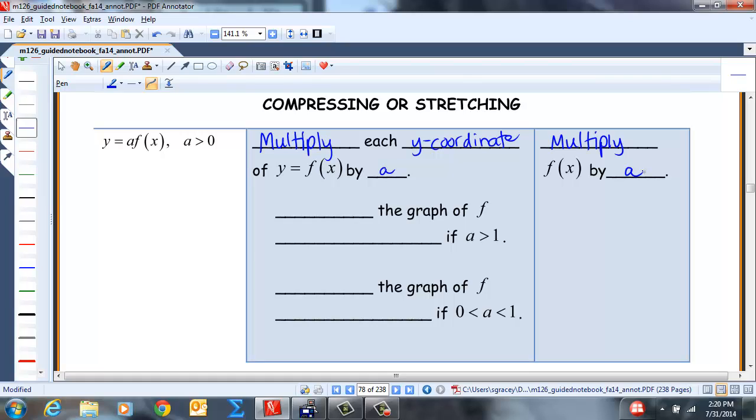So what happens is if a is greater than 1, you stretch the graph of f vertically. Now, if you've got a proper fraction, right? You've got a between 0 and 1, you're going to be compressing. So you compress the graph vertically.